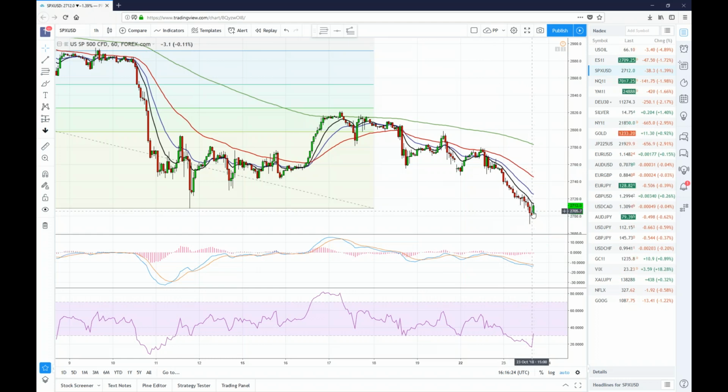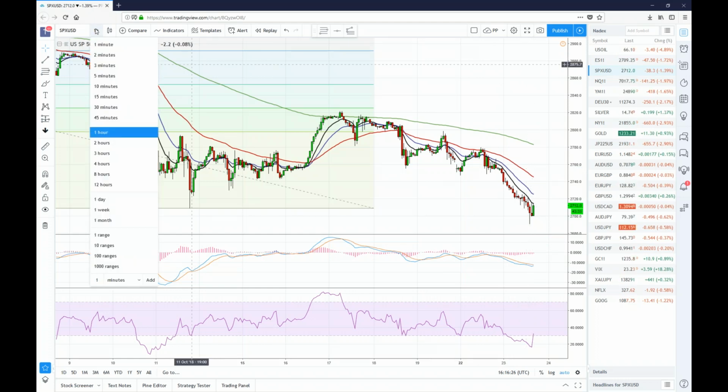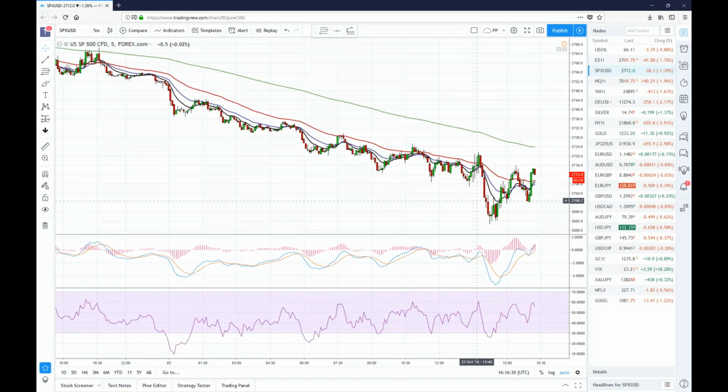And this is now just a pullback. If this is just a pullback on the hourly chart, reiterating that case, let's have a look at the 5-minute chart. And sure enough, on the 5-minute chart, that trend has already changed. Higher high, higher low, higher high, again higher low, only by a hair, but still a higher low.